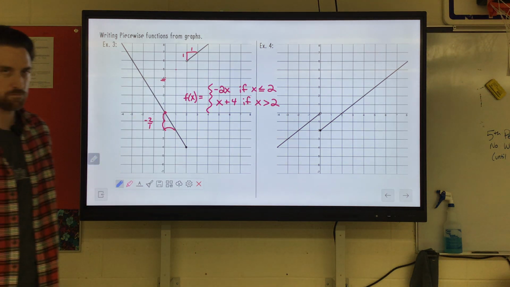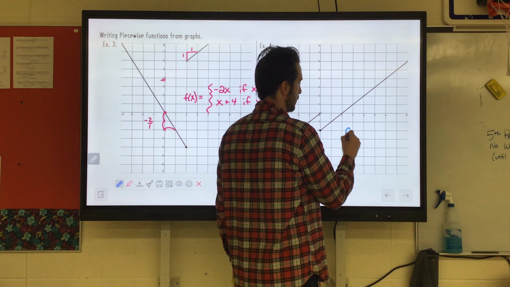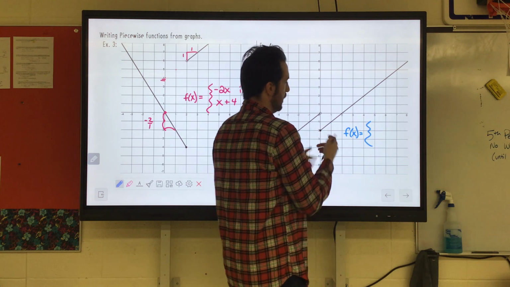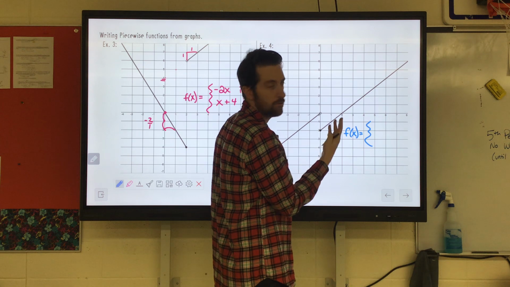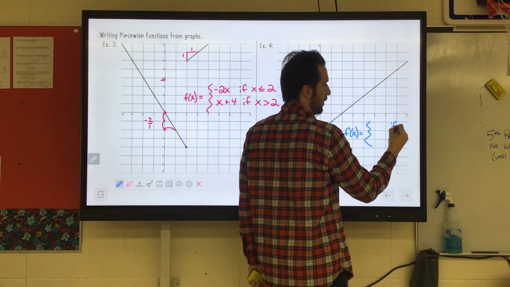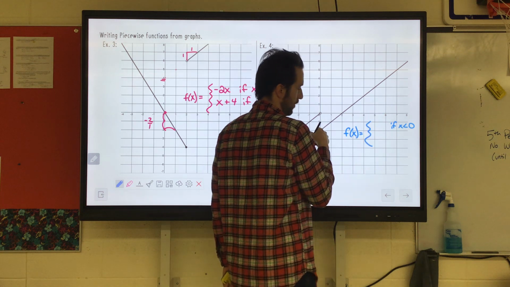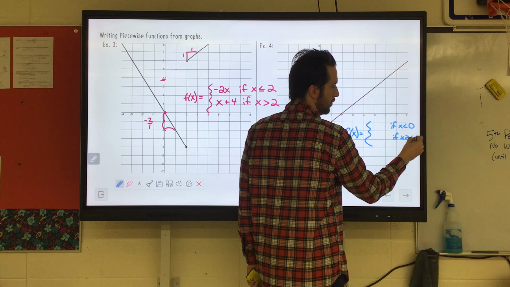I see that this one has a break at 0. So we'll say f of x equals something, and I notice this first line to the left of 0 has an open dot. So that would be if x is less than 0. The one to the right has a solid dot on the end, so that would be if x is greater than or equal to 0.